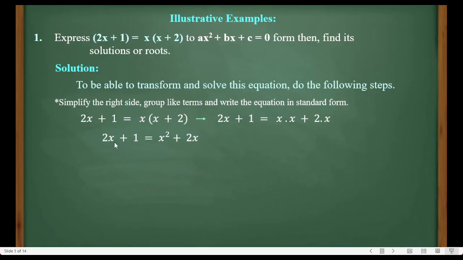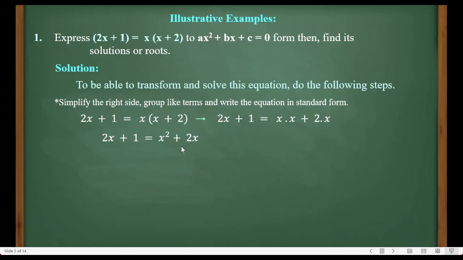You will notice that 2x is common to both sides. So if we're going to simplify this equation, the 2x on both sides will disappear. How? Maybe we just cancel them out, or we apply the addition property of equality by simply adding negative 2x to both sides, or simply subtract 2x from both sides.